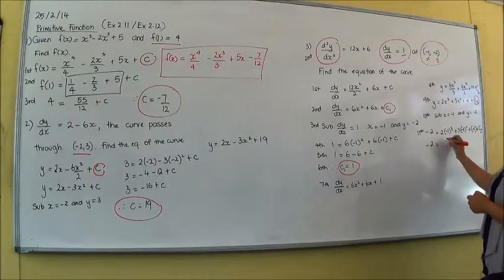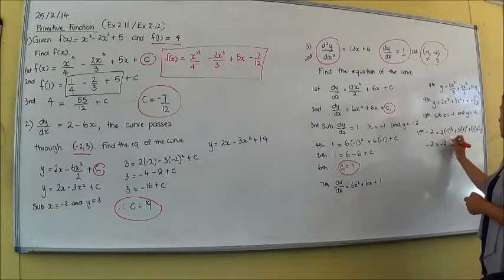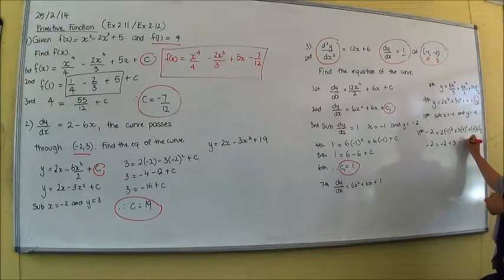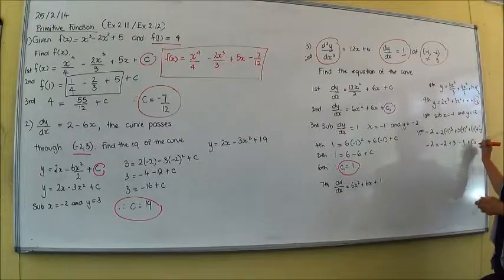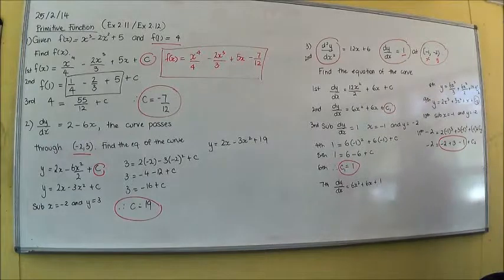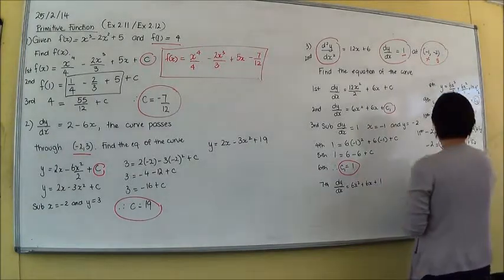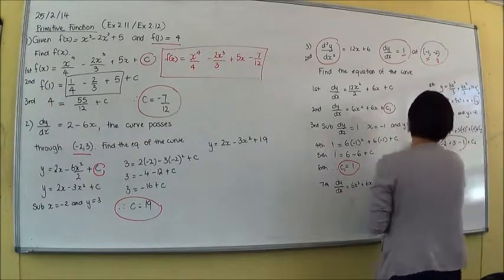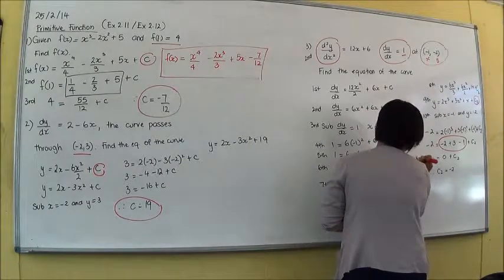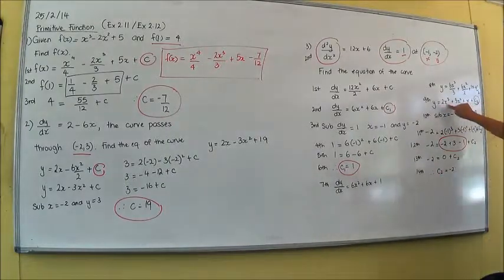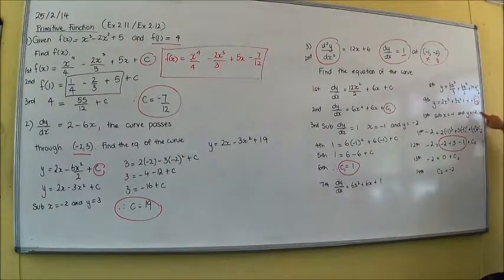So that becomes -2, this one becomes 3, this one stays as -1, plus c2. We'll add all these together. 0. Oh, that's easy then. Therefore, c2 is -2, which means we can go back to our original equation and substitute -2 for c2.